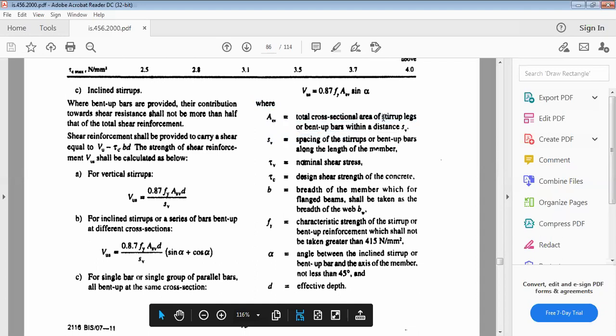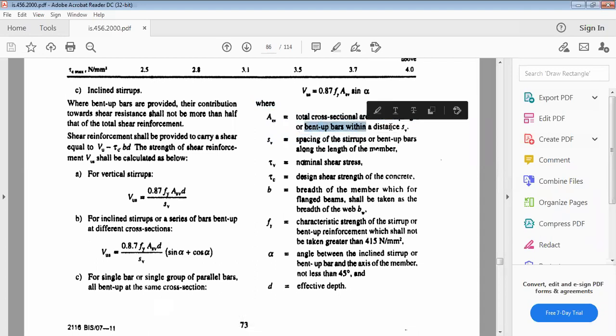ASV is the total cross-sectional area of stirrup legs or bent up bars within a distance of SV.